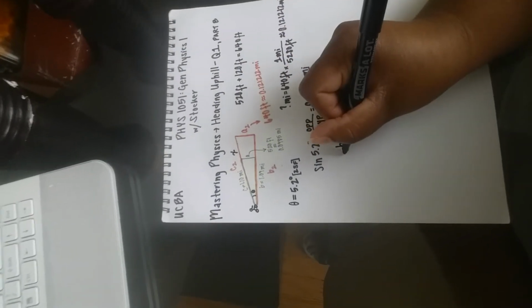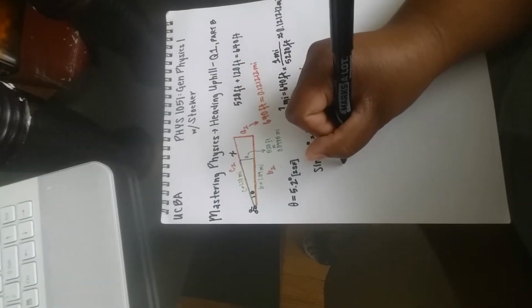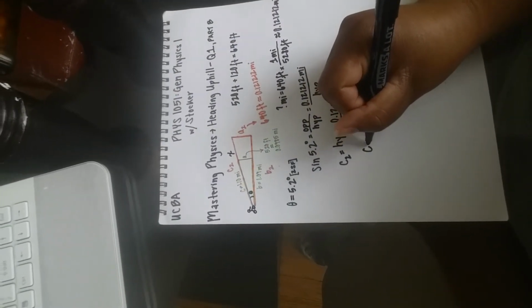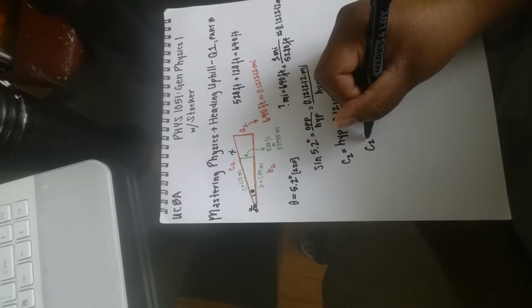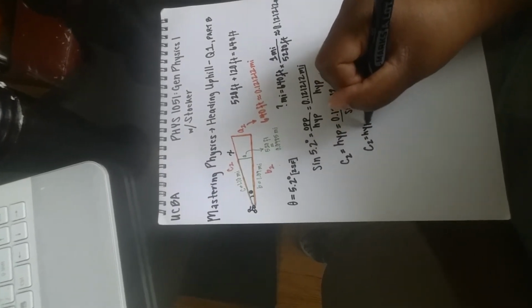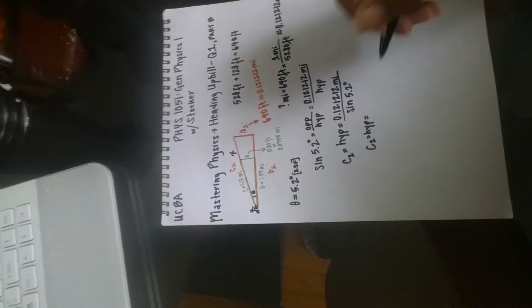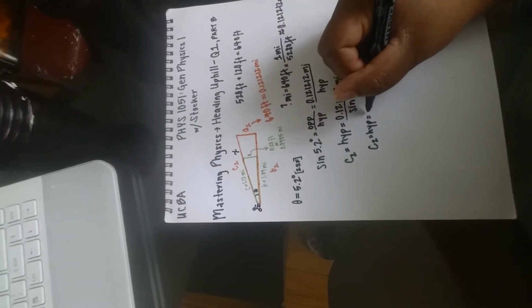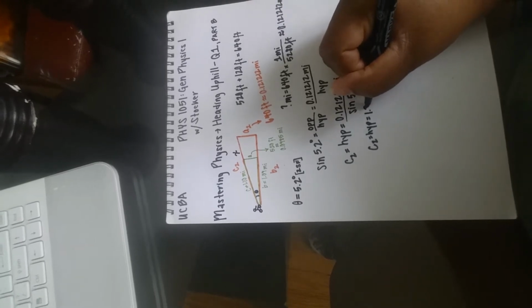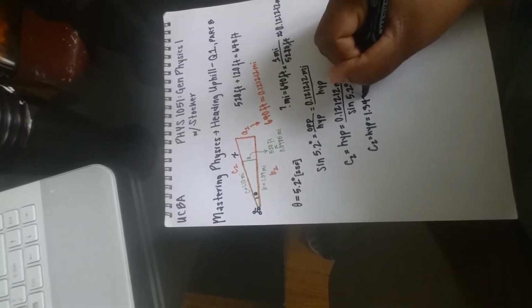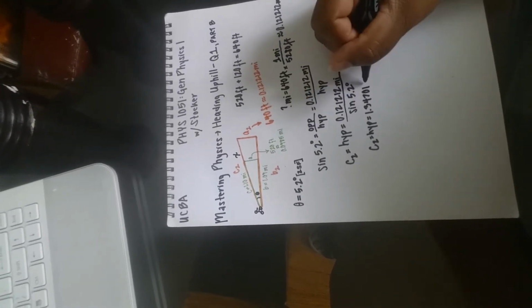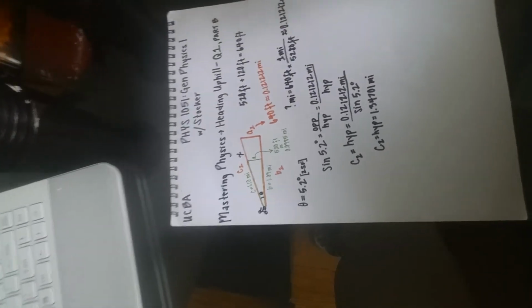And if it's easier for you to remember, you can also write C sub 2. So C sub 2, which is our hypotenuse, is equal to 1.34701 miles.